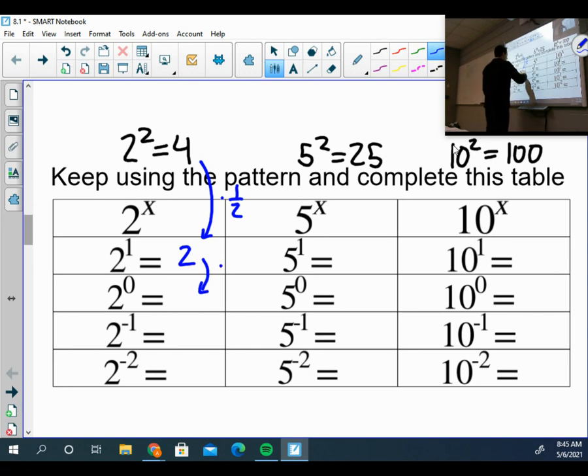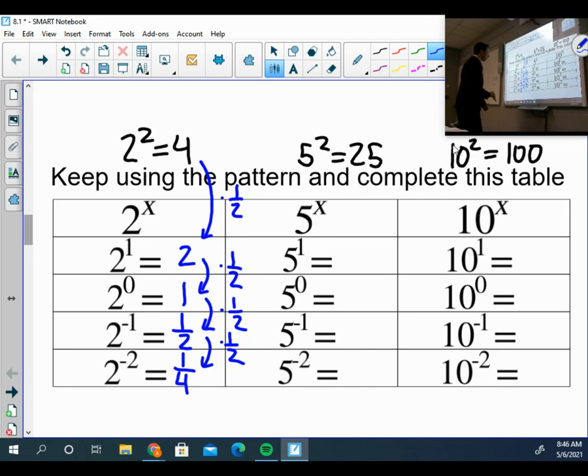If I continue this pattern of multiplying by 1 over the base, because I notice the exponent keeps going down by 1, 2 times 1/2 is 1. 1 times 1/2 is 1/2. 1/2 times 1/2 is 1/4.